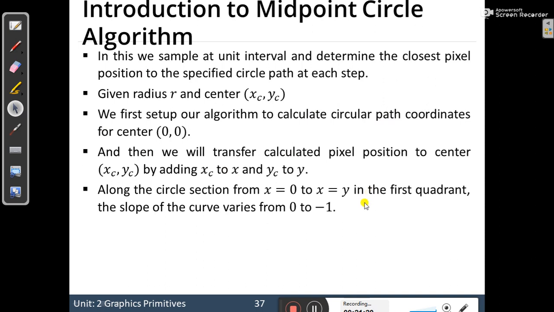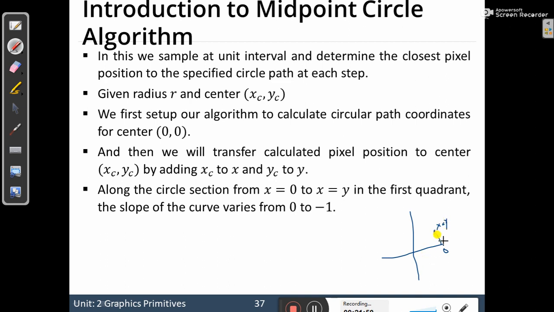Along a circle section from x0 to xy in the first quadrant, the slope of the curve varies from 0 to -1. Why? Because if we try to visualize it, we are going from this point to this point of the conic section, where x equals y.